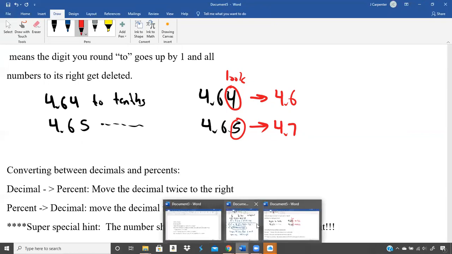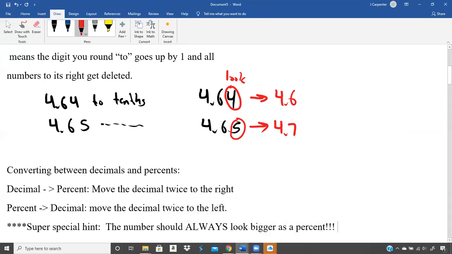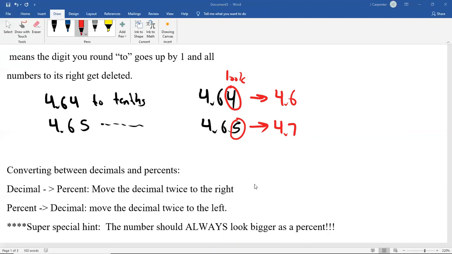I cannot tell you how many times I've used that to fix a quick mistake, because I'm converting, I'm thinking and writing and doing at 3 different speeds, and it can be a challenge for some of us, and I'm 3 steps ahead in my head, and when I write on the board, I move the decimal the wrong way, but I look at the number and I go, wait a minute, that doesn't look right with my super special hint. I ended up making a percent that looks smaller than the decimal. So then I go, oh, hold on, we got to correct that.